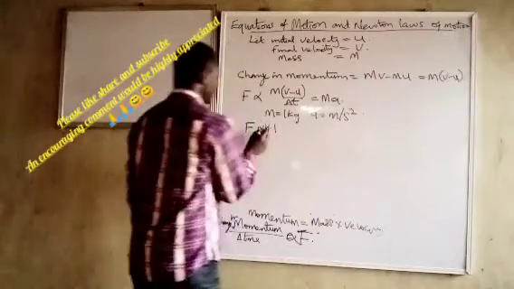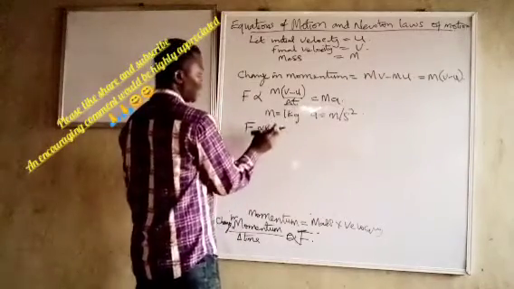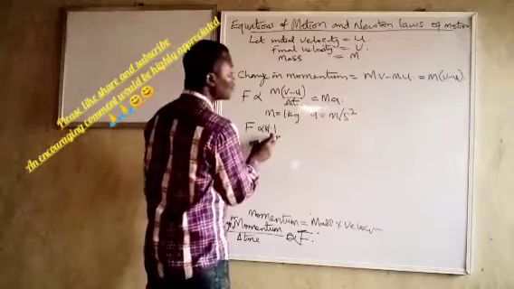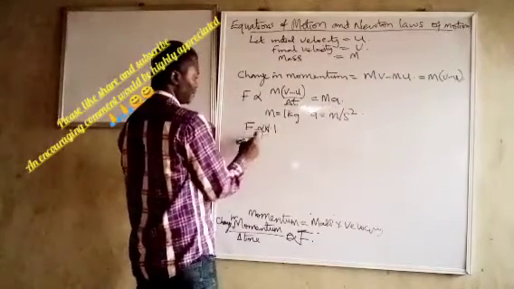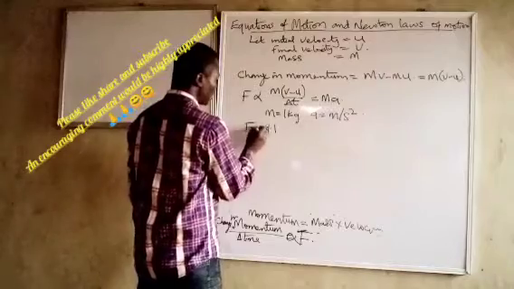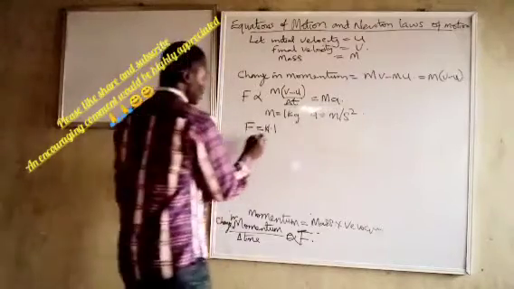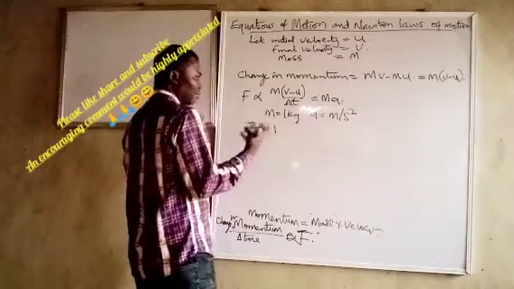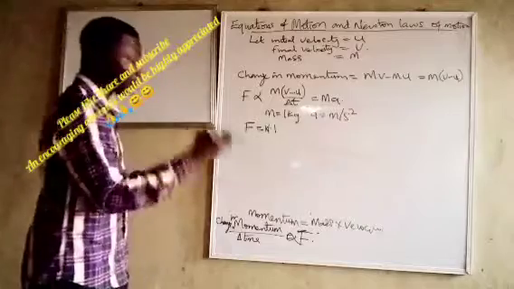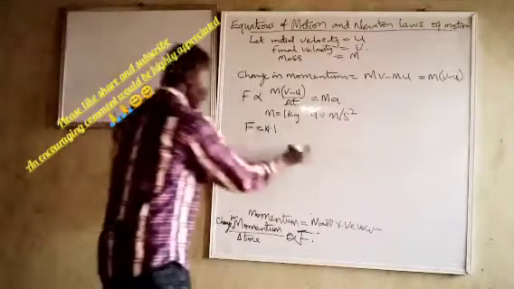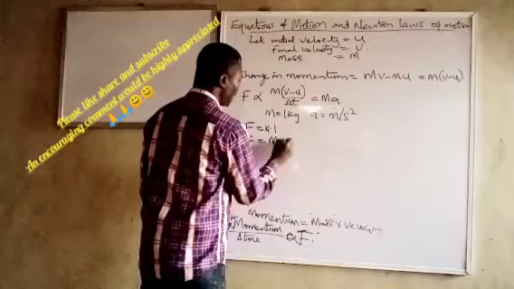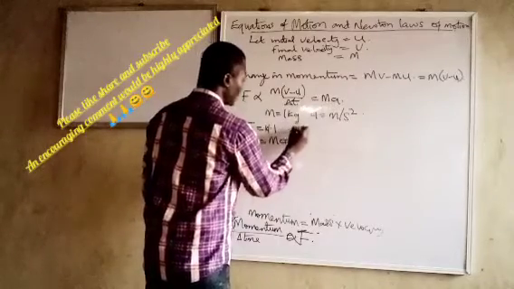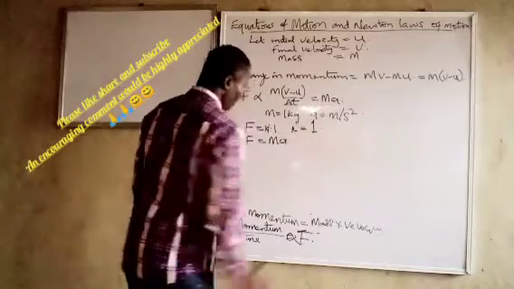So if we have 1 kilogram and 1 meter per second square, F will be equal to k. Sorry, I also change this one to k. In the scientific world, they decided to let k be 1. So F is equal to ma, since k is now made 1.